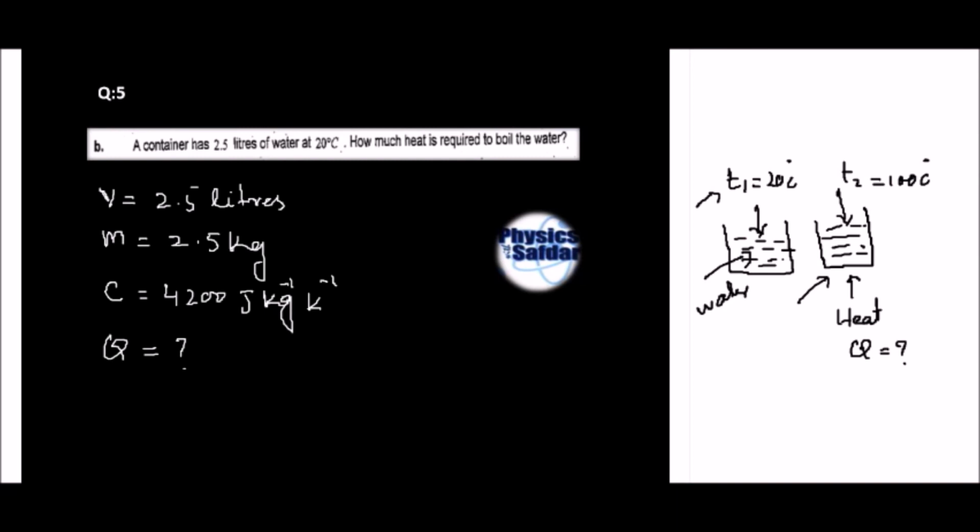The heat required to raise the temperature of water from 20 to 100 degrees Celsius, you can write Q is equal to m times c delta T. Here m is the mass of the water, it is 2.5, times the specific heat capacity, that is 4200, and change in temperature 100 minus 20.